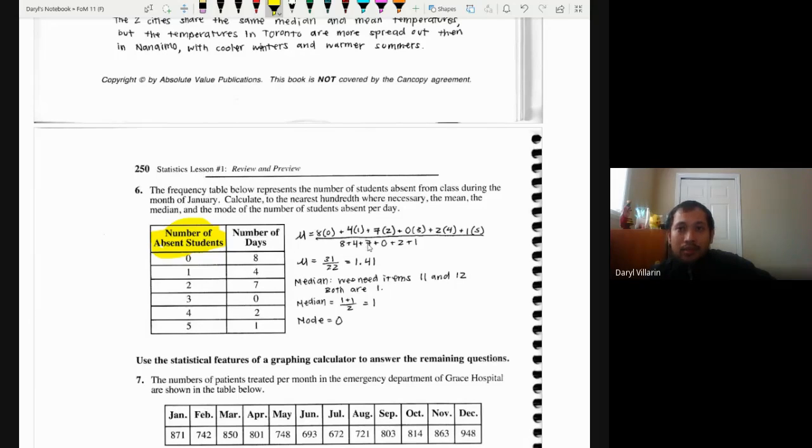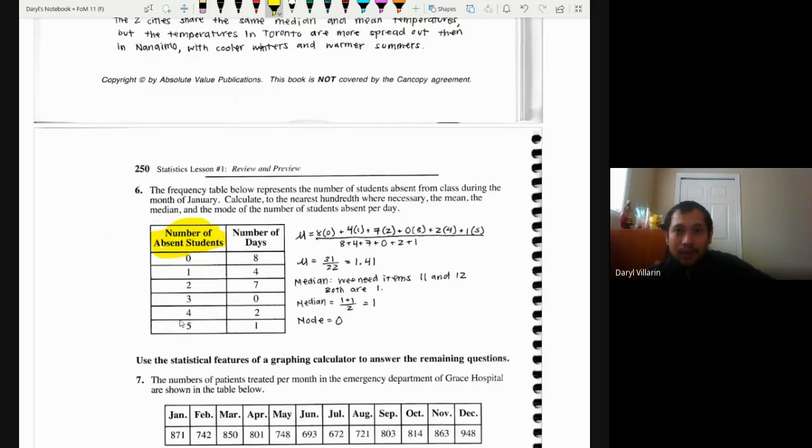And then so on and so forth. You can think of the number of days as your total number of measurements. But the quantity that you are trying to measure is the number of absent students.